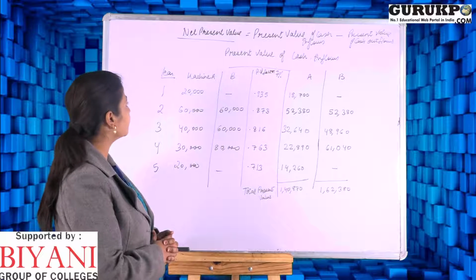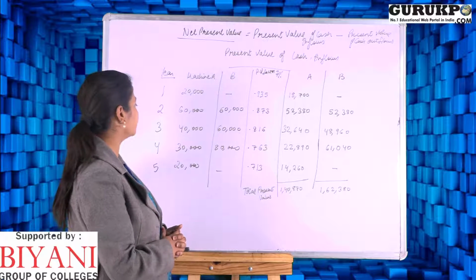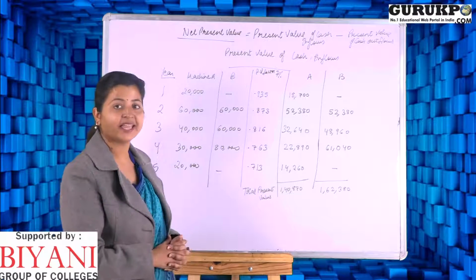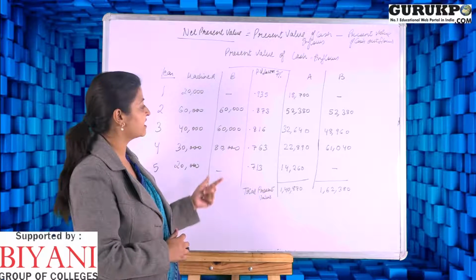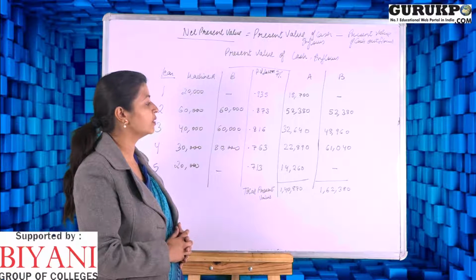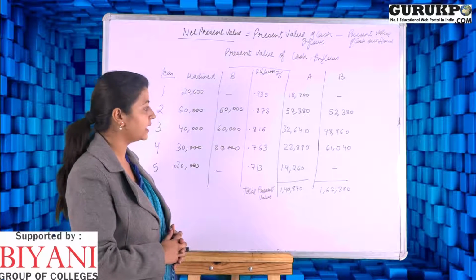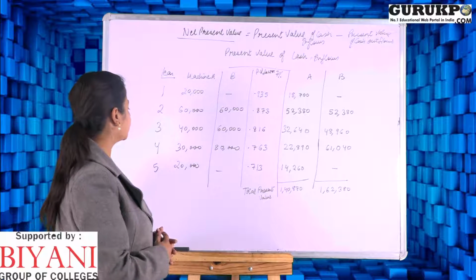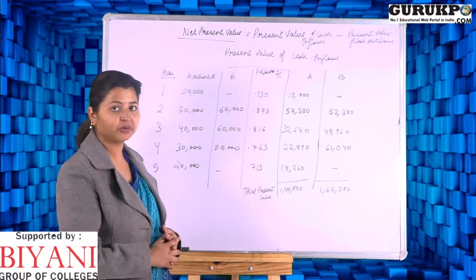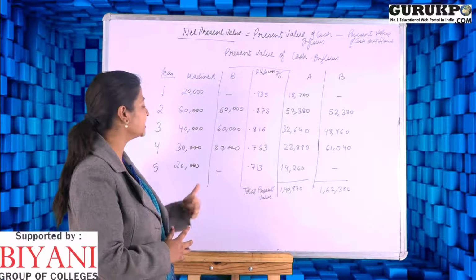For the fourth year, the cash inflow of machine A is 30,000 and for B it's 80,000. We multiply with the fourth year PV factor at 7% and get 22,890 for machine A and 61,040 for B. In the fifth year, machine A's cash flow is 20,000 and for B it's blank.